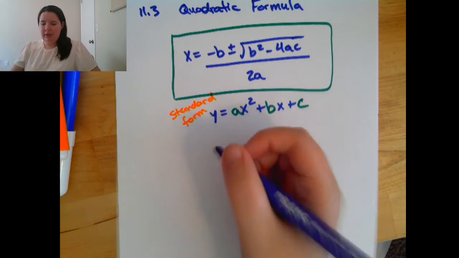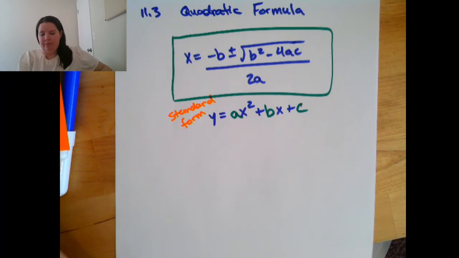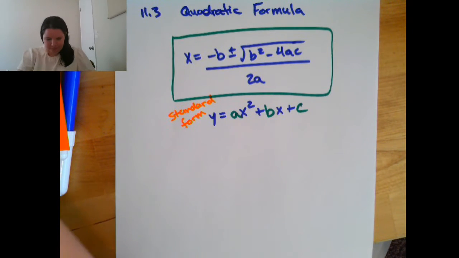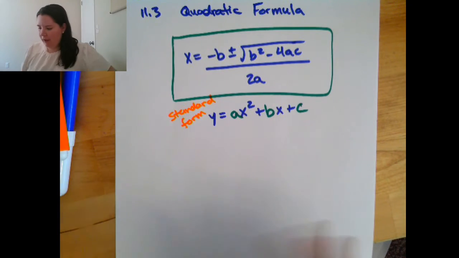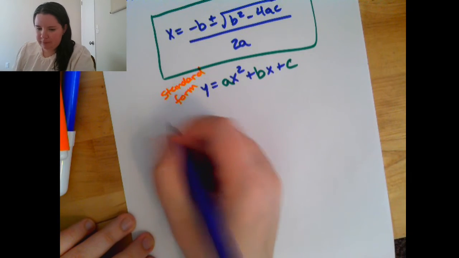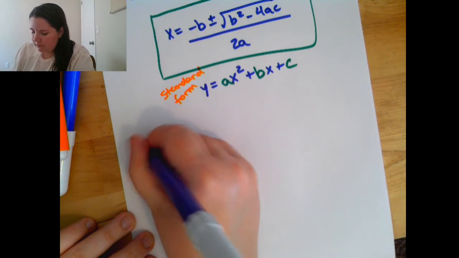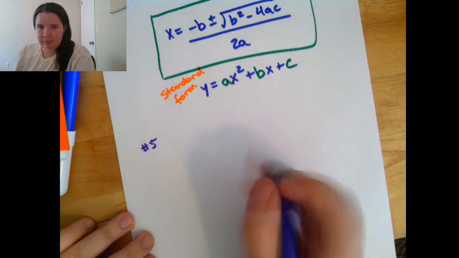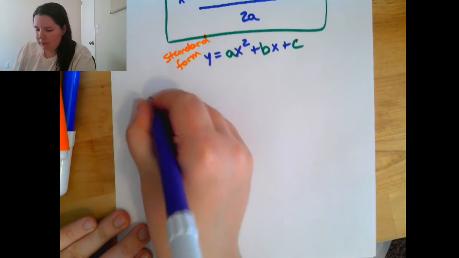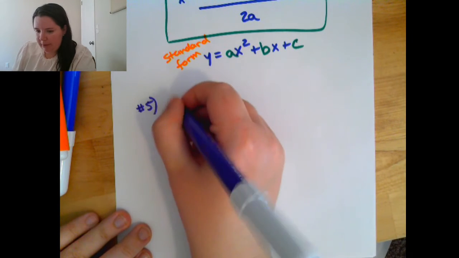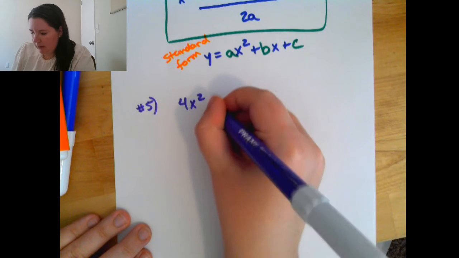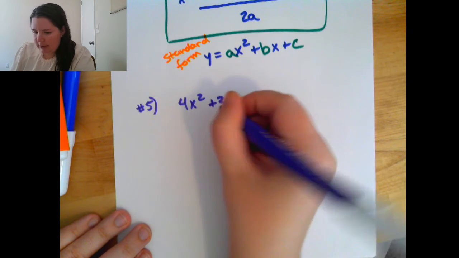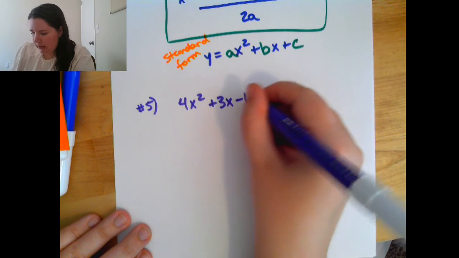Let's do a problem. Here we go. Number 5 on your checkup. On number 5, you are given 4x squared plus 3x minus 1 equals 0.